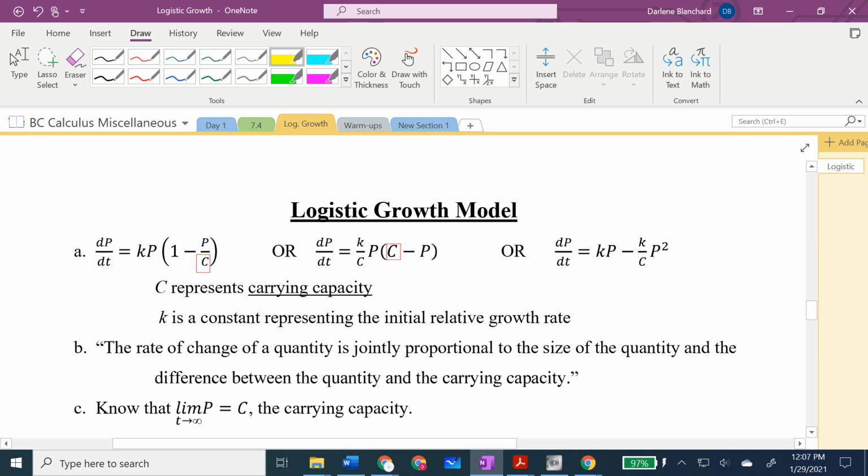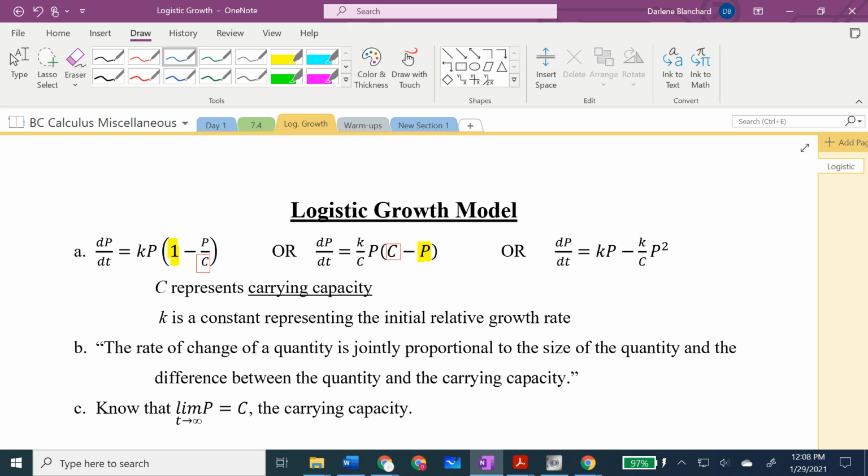So I want to point out to you that you can tell them apart quickly by whether the second factor starts with a 1 or whether the second factor ends with minus population. That's a quick way to tell the difference between the most common way that this will be written. But they might give it to you in this format. And I just want to prepare you for that issue.